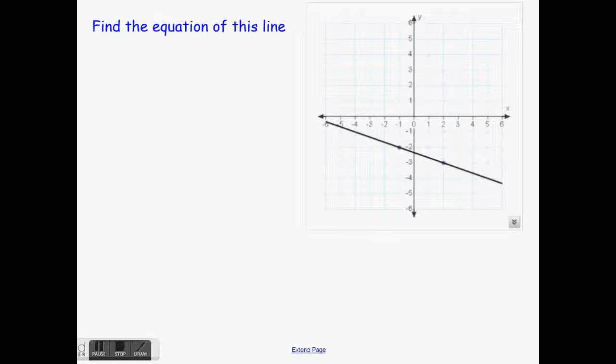So these points are not labeled this time. This is -1, -2, and this point is 2, -3.